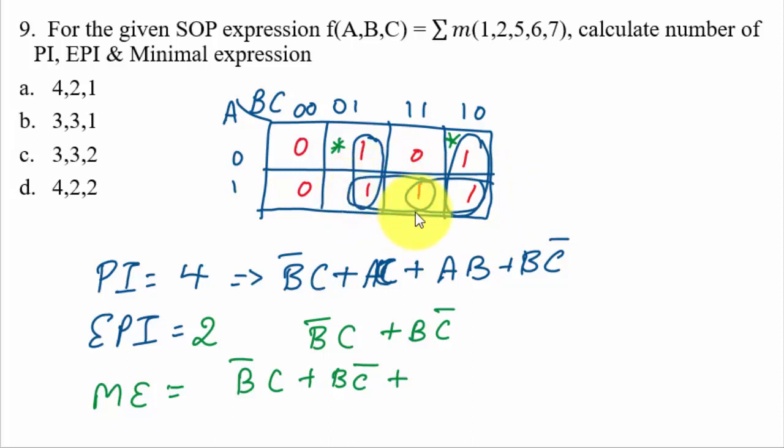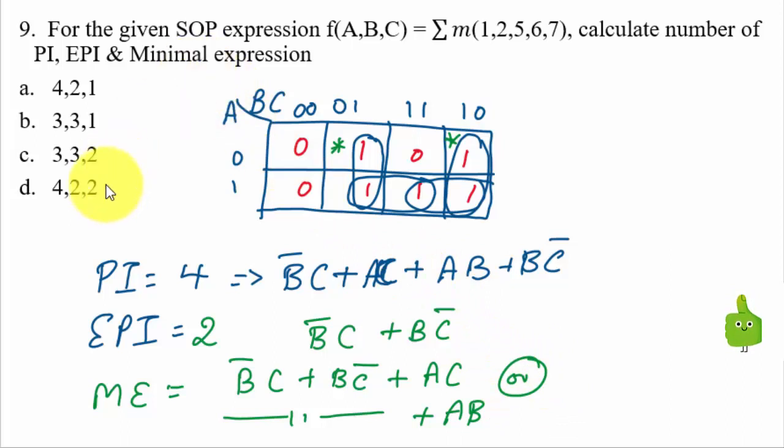If I go for this grouping, the corresponding value will be AC, or if I go for this grouping, the corresponding value will be AB. So how many minimal expressions are possible? You can go for 2 minimal expressions. So the corresponding option that is going to follow is option D is correct.